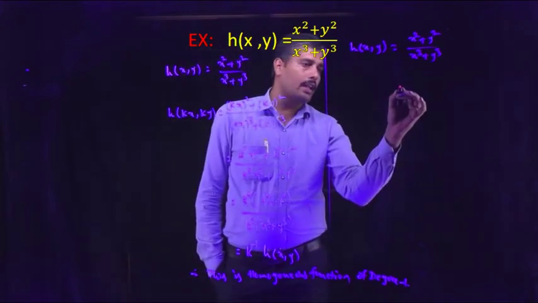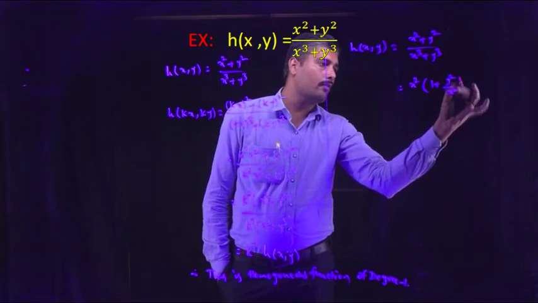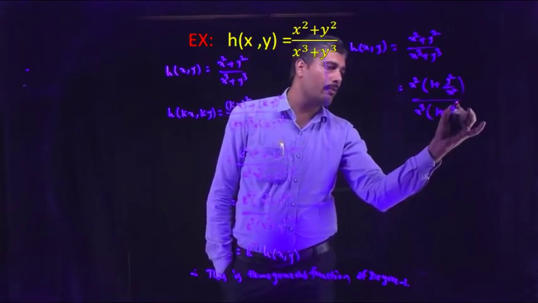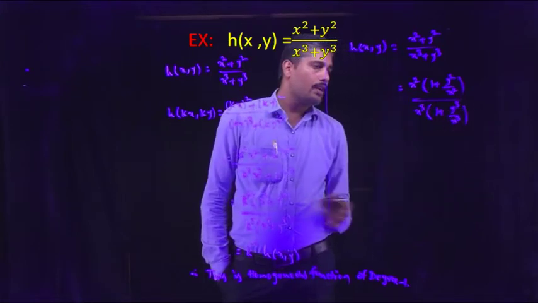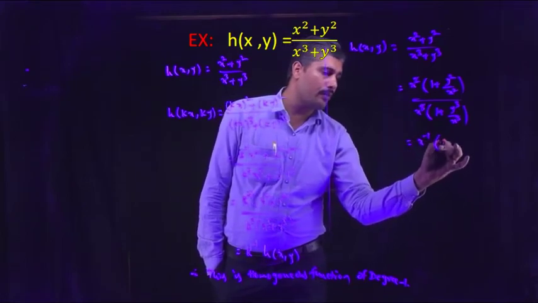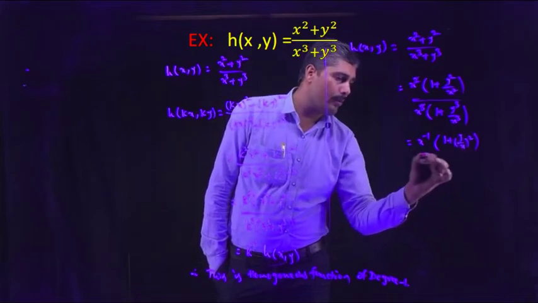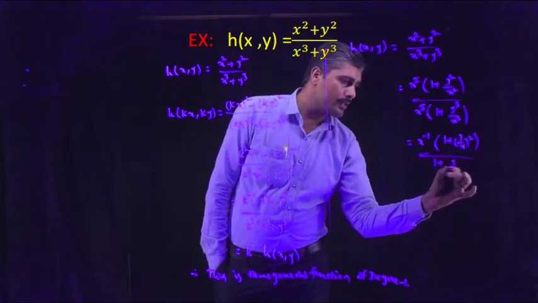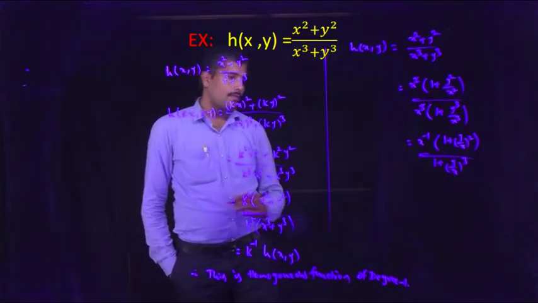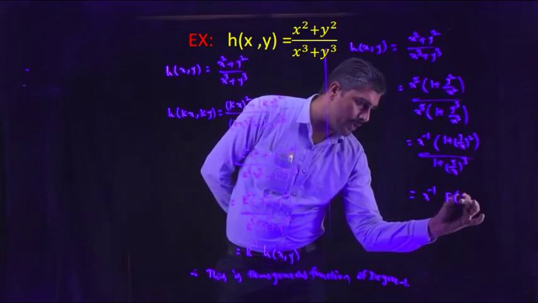In the numerator take x² common, that is 1 + y²/x². In the denominator take x³ common, that is 1 + y³/x³. Here x² cancels, that is equal to x^(-1) times (1 + (y/x)²)/(1 + (y/x)³). Okay, this is equal to x^(-1) f(y/x).